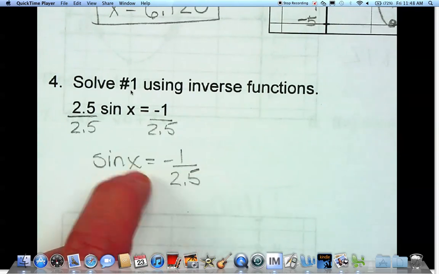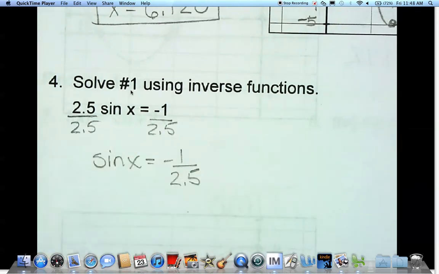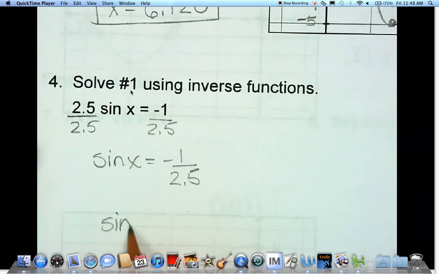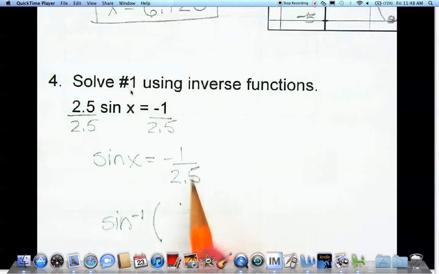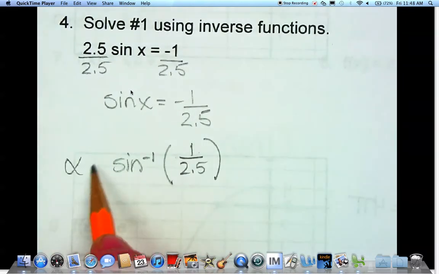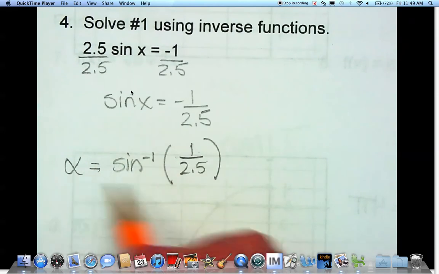But we can't put the negative in. We're just going to do sine to the -1 of 1 over 2.5. This is not what x is equal to. This is our reference angle.